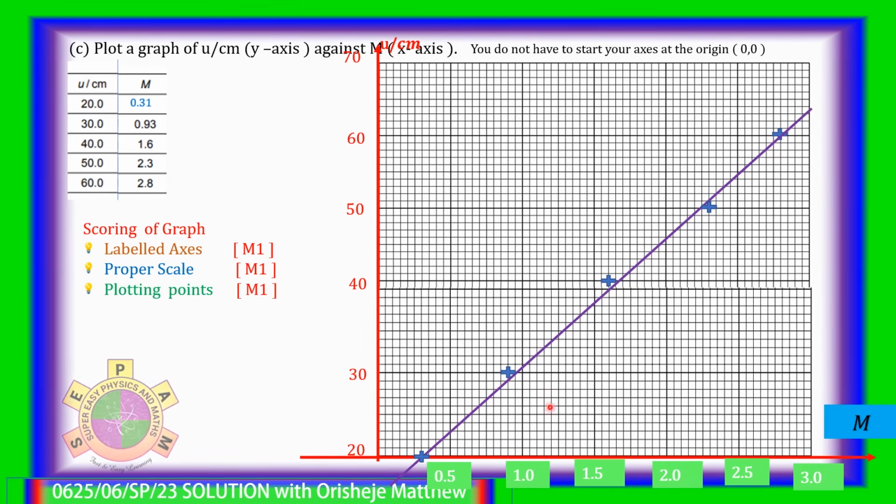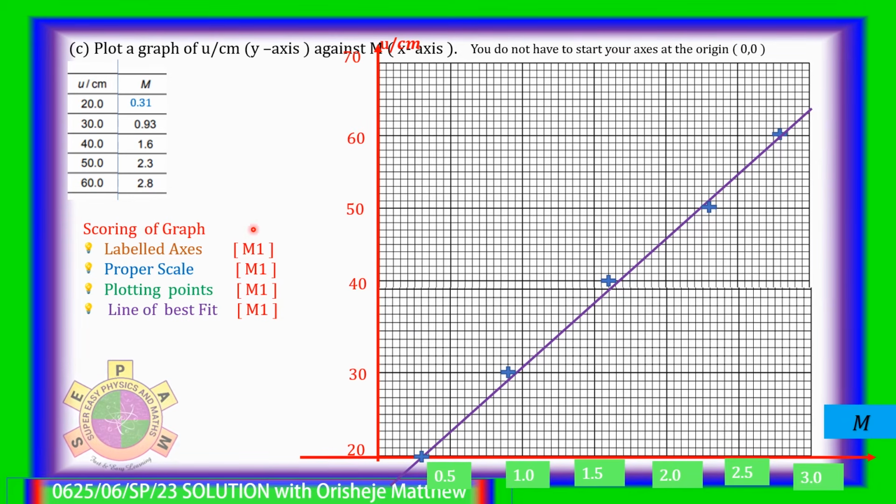Then the next mark will be for plotting the points. The examiner is going to look at the proper plotting of these points, any 3 out of the 5 when marking, so you get 1 mark. Then the next one is for you to be able to draw the line of best fit. Drawing the line of best fit will give you the next mark. That is the 4 marks that you get when you are plotting.